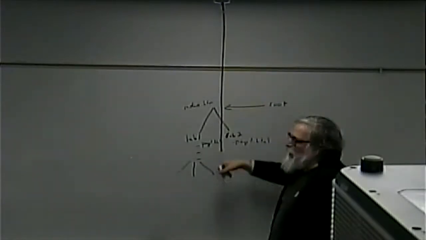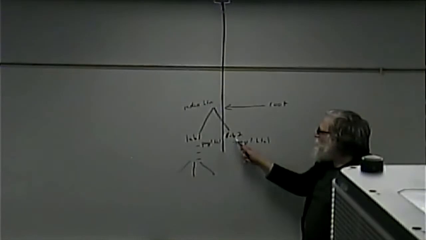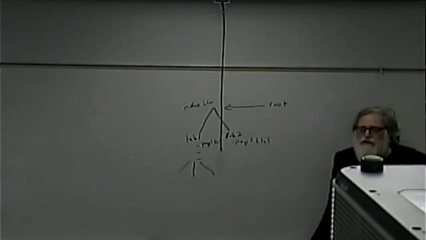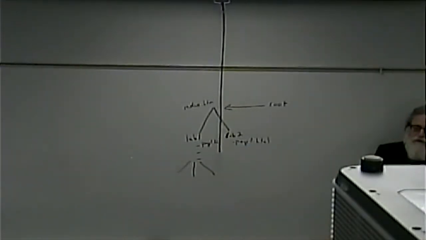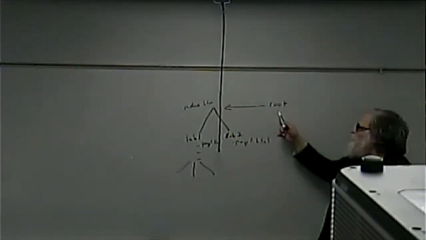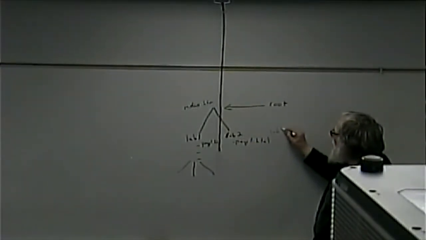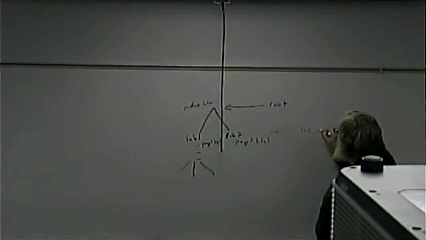As I'm going down this tree, a folder can have multiple children folders underneath it, multiple subfolders. Underneath my root folder here, I could have Lab 1, Lab 2, Lab 3, Lab 4, and so on.